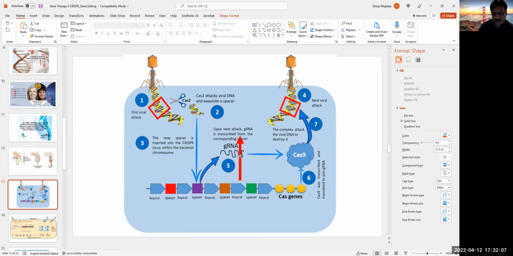Now, before I come to this slide, let me give you a few concepts. We know that bacteria have restriction enzymes, right? These enzymes can cut at specific DNA sequences.